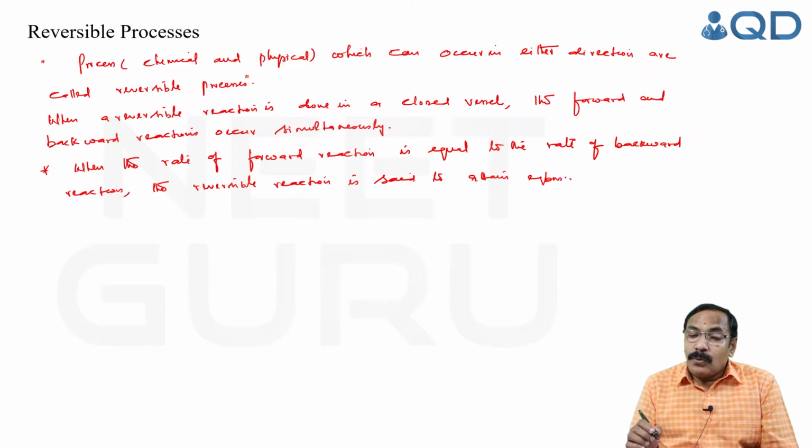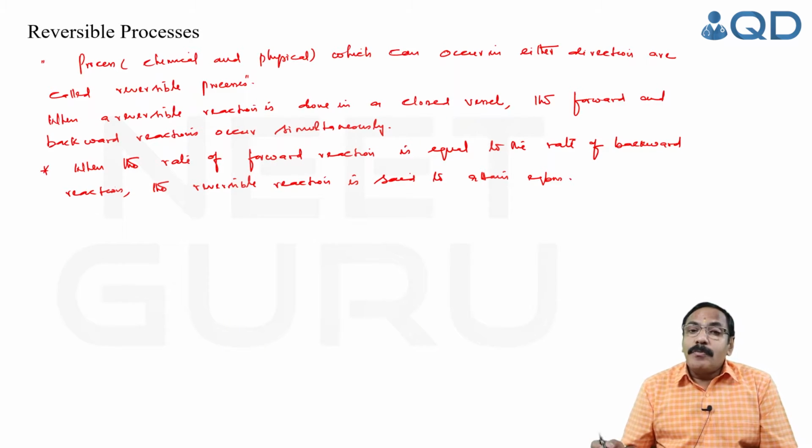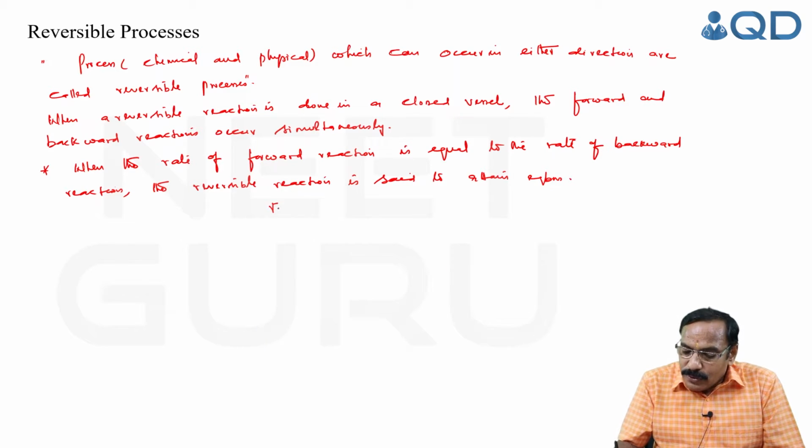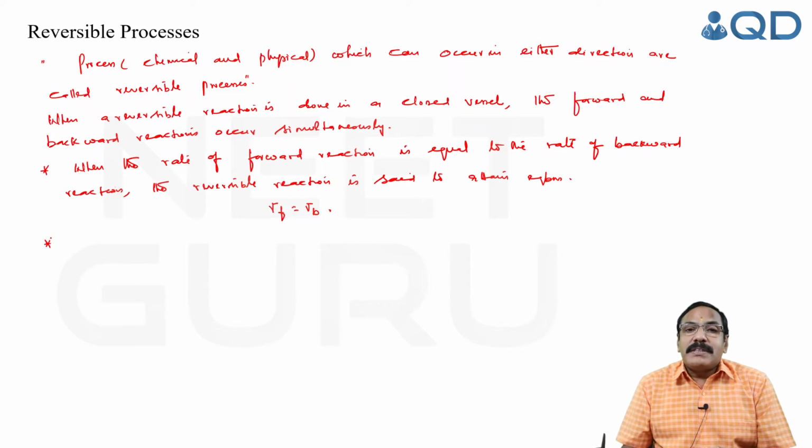So equilibrium is possible when a reversible reaction is carried out in a closed vessel. Equilibrium is attained when the rate of forward reaction is equal to the rate of backward reaction. Hope it is clear.